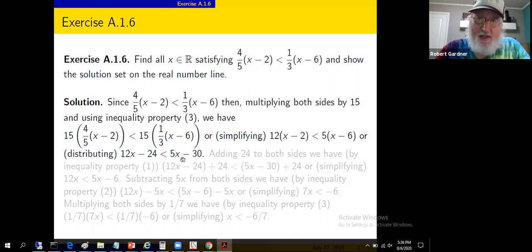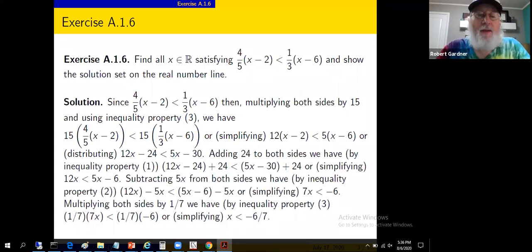Remember, we're basically solving for x. So I'm trying to get x by itself. All right. Let's do this very first one in agonizing detail. We'll always do them in this level of detail. Let's add 24 to both sides. Why would you want to do that? I'm trying to get rid of that negative 24. By the way, that doesn't change the inequality.